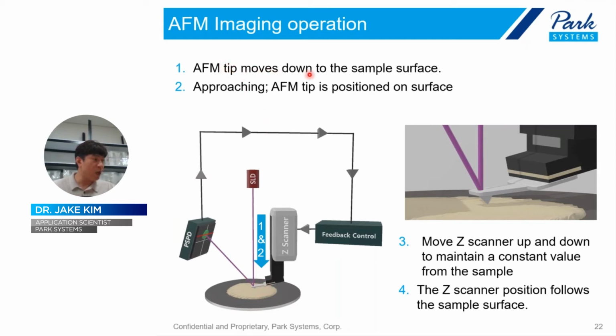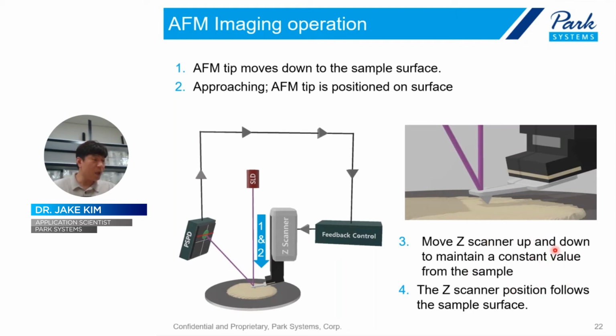This tip moves down to the sample surface and approaches. Approaching means the AFM tip is positioned on the surface, sometimes in contact, or sometimes just on the sample surface. And the Z scanner moves up and down to maintain a constant value from the sample.